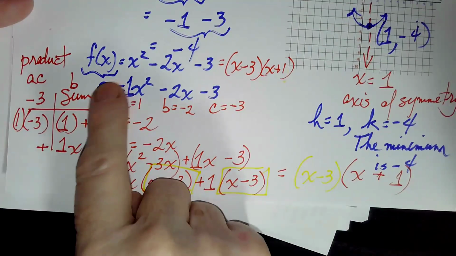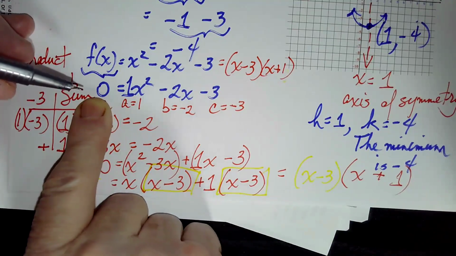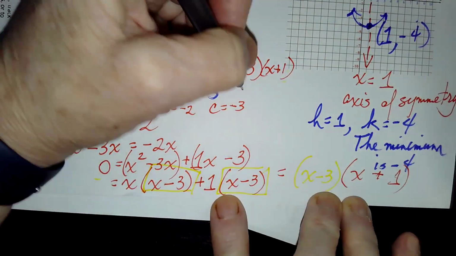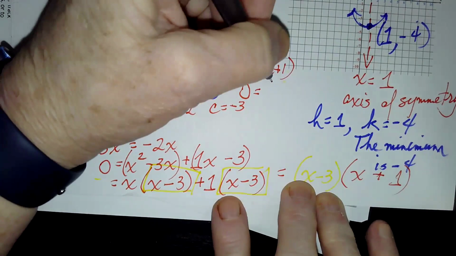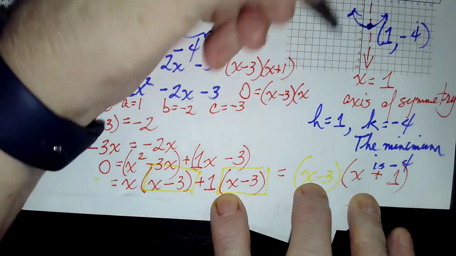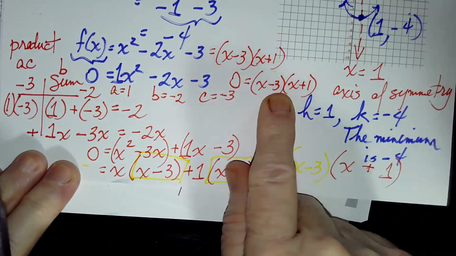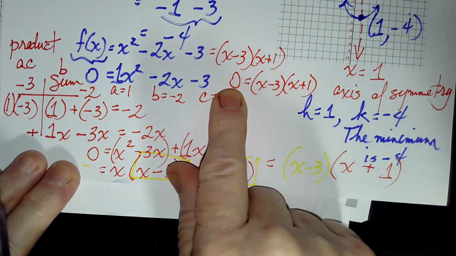We set y equal to 0. So now we have 0 equals x minus 3 times x plus 1. We have the product of two numbers equaling 0.